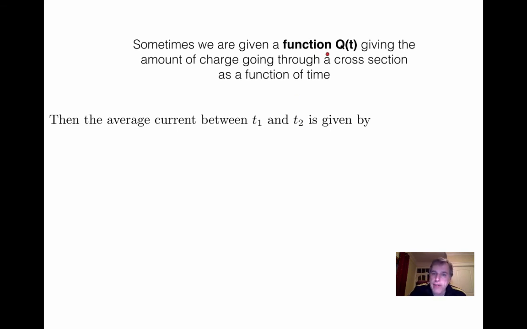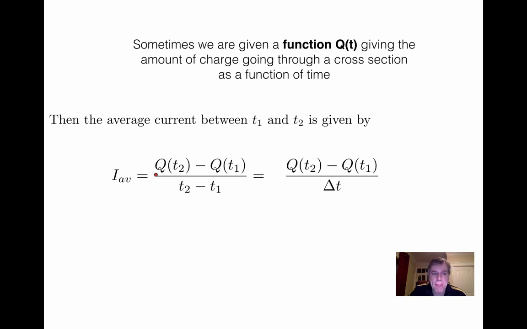So if you have a function q of t and you want to find the average current between t1 and t2, well, you still use delta q over delta t, but because you have a function q of t, you can calculate delta q in the following way. It's simply this. The average current between t1 and t2 is the value of your function q evaluated at t2 minus the function q evaluated at t1, divided by delta t, which is t2 minus t1.